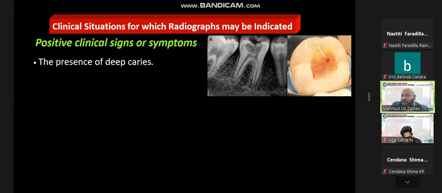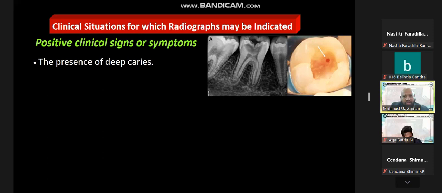If there is any deep carious lesion, you need to determine whether you will go for restorative treatment or endo treatment, depending upon your clinical examination and radiograph. Suppose in this radiograph the pulp is not involved, but if you go for restoration, maybe sometimes the pulp can be opened, so that you need to change your treatment plan to endo.